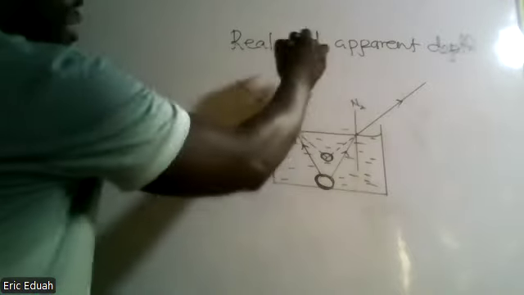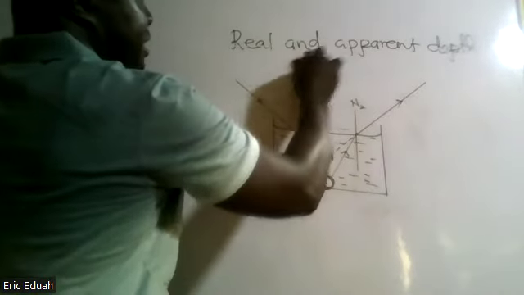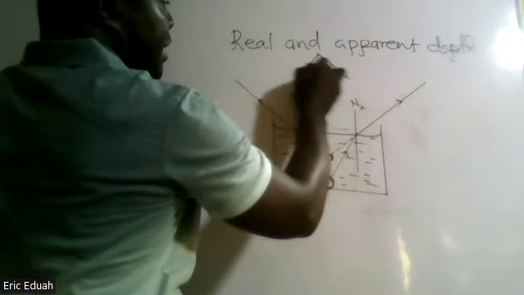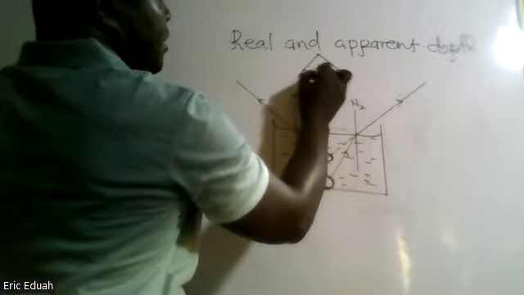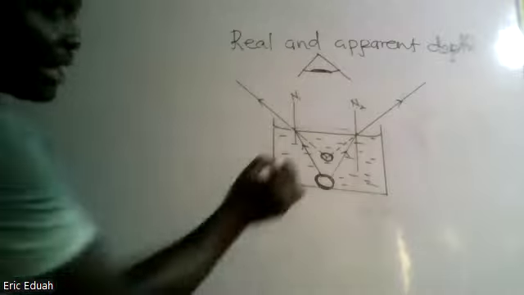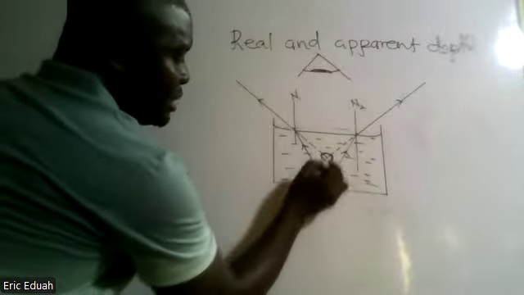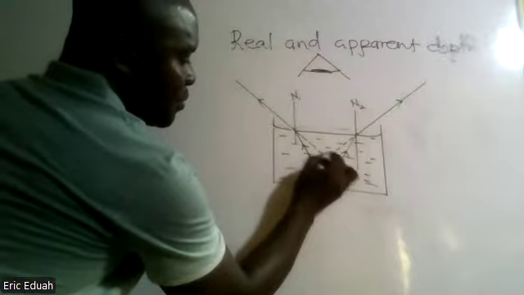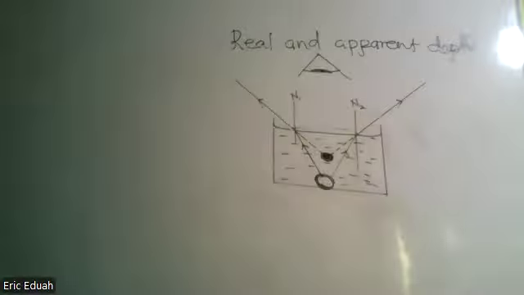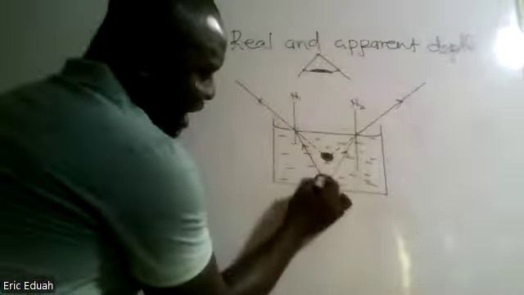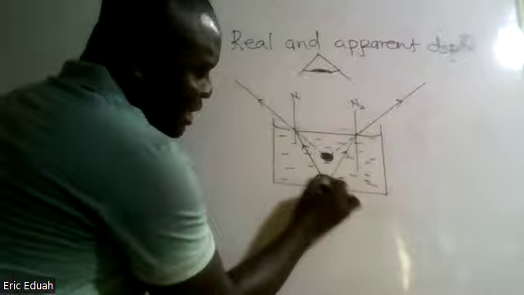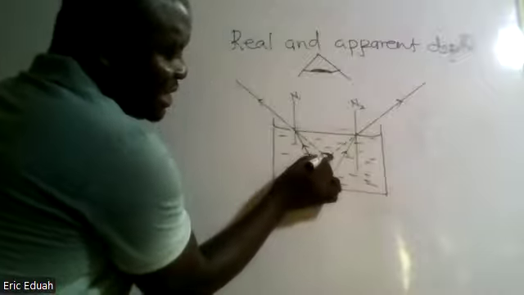Meaning that if you are an observer watching this from up here, this is where you see this image formed. So when a fish is in water and you are looking at the fish from air, the observer sees the fish as if it is here.